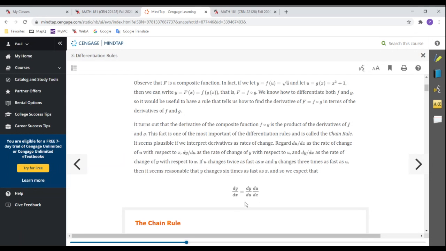And so dy dx can be treated as dy du times du dx. Now let me go back to the blackboard here and write that down.